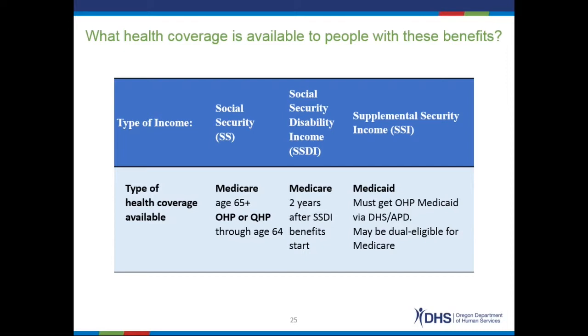Until then, again, you need an OHP or a QHP. And then there's supplemental security income. They can get Medicaid, but they must get OHP Medicaid via DHS APD, and they also may, and often are, dual eligible for Medicare. So again, rather complicated depending on your age and the type of income you're getting.